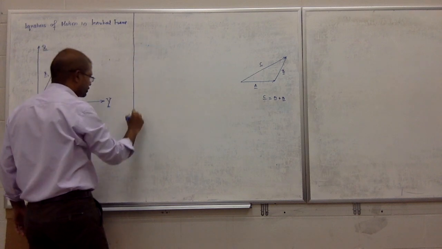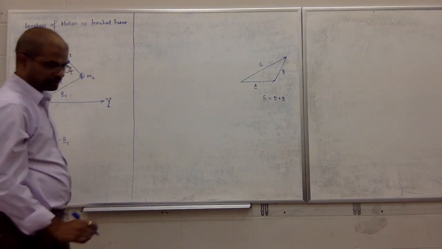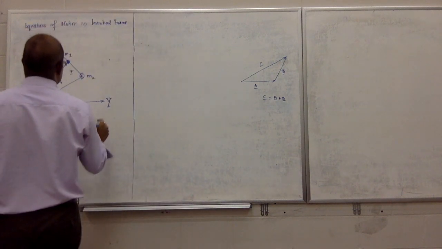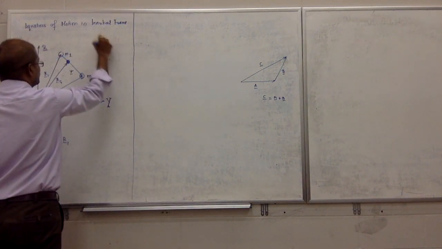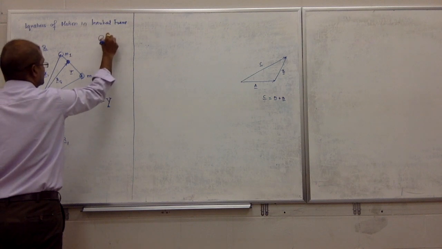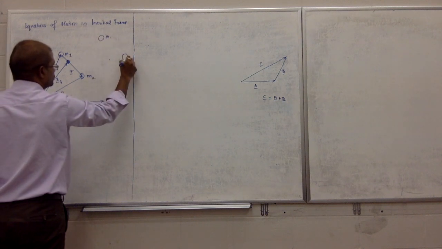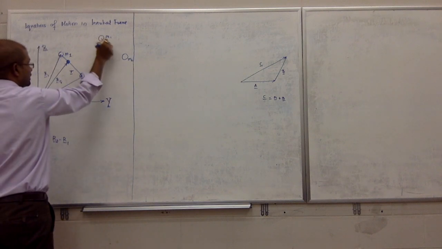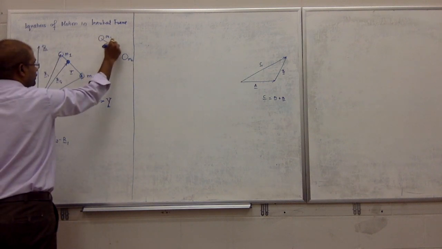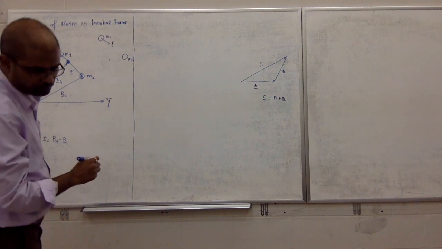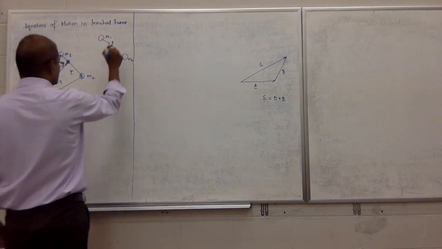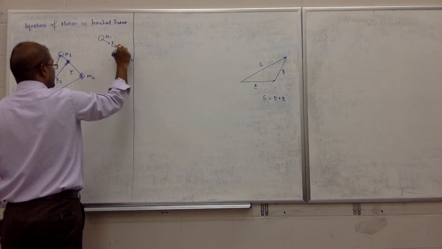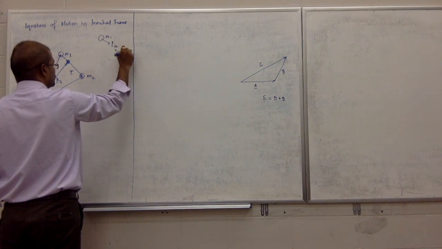And what you're also going to see is, if these are the two masses, M1 and M2, this is F12 and this is F21.